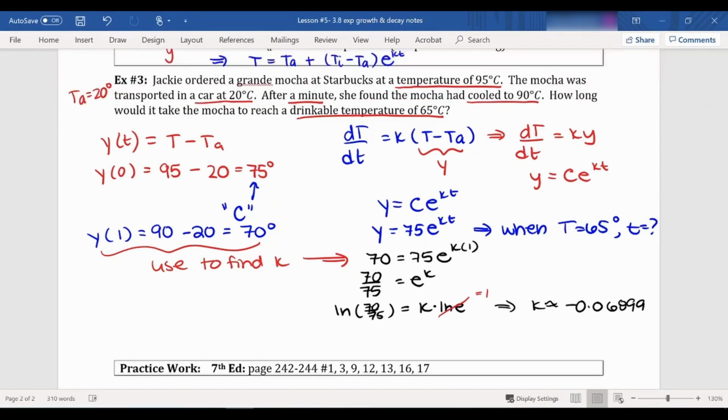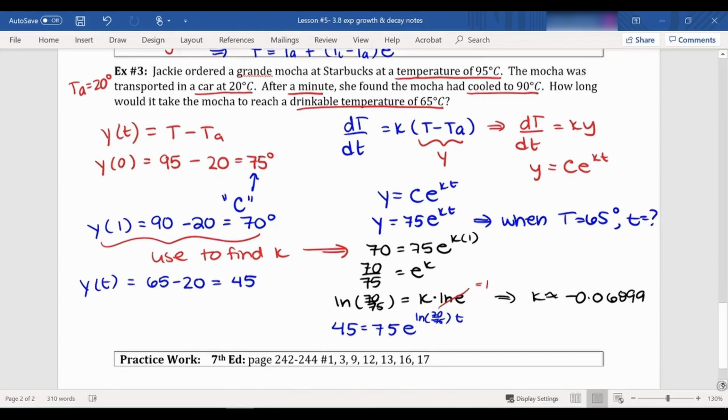So when the temperature is 65, y would be 45. So I'm going to have 45 equals 75 e to the k, which I, again, like to use the exact value, times t. Then I can solve for t.